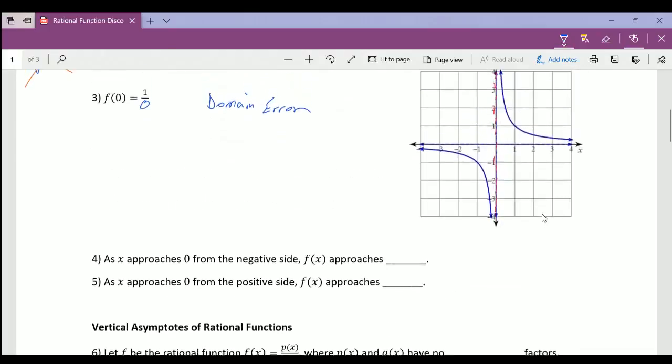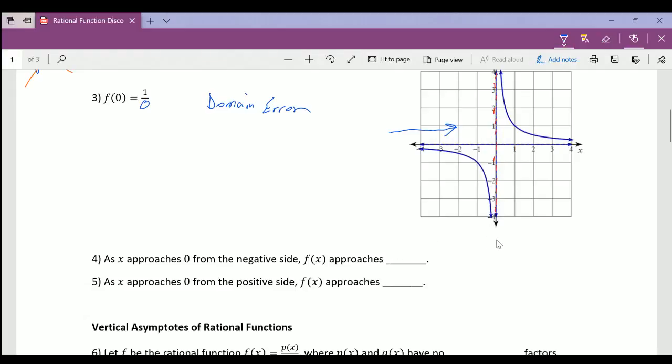All right, so as x approaches 0 from the negative side, that's going this way. Here's the graph here. It's going down, down, down. It's getting faster and faster, and now it's just racing towards the bottom until we get there.